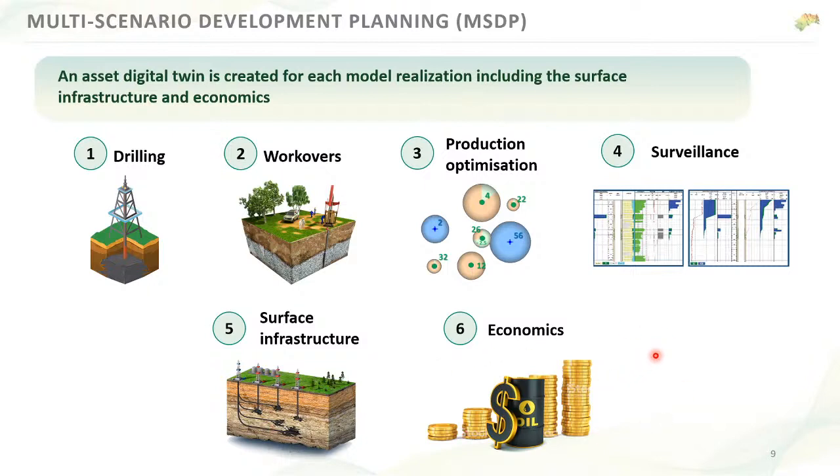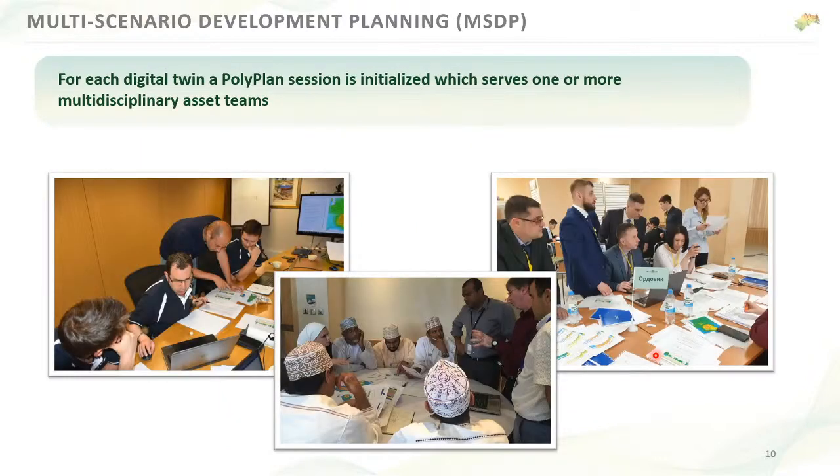So it's like we are having a digital twin of the reservoir available to us. And then for each of these digital twins, you have a Polyplan session. So, for example, one or more teams could work on the same asset, or different teams can work on different models.